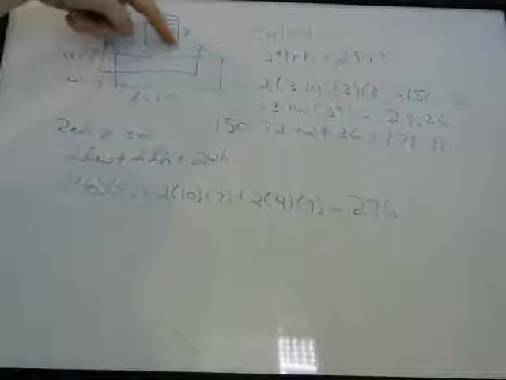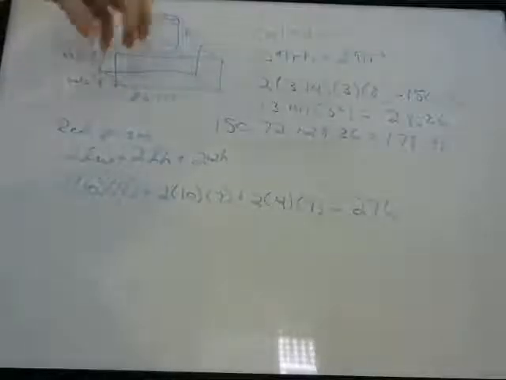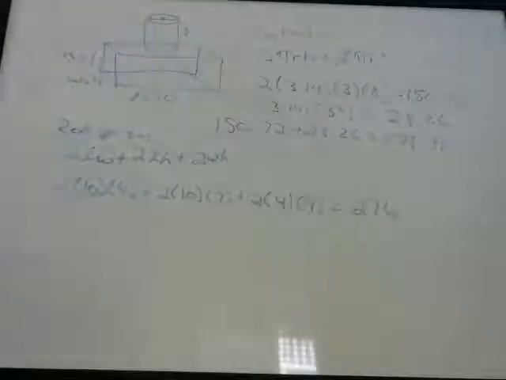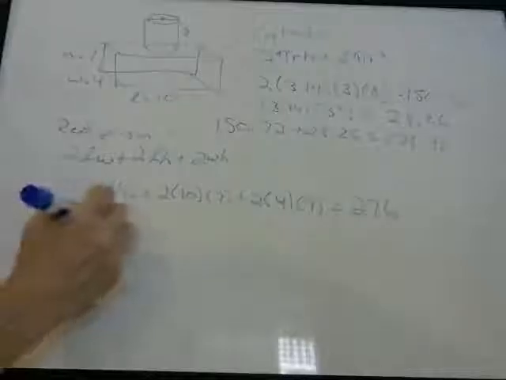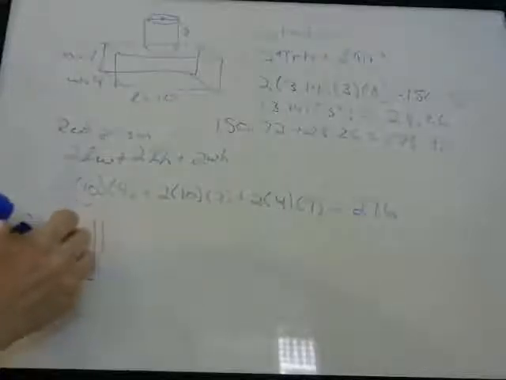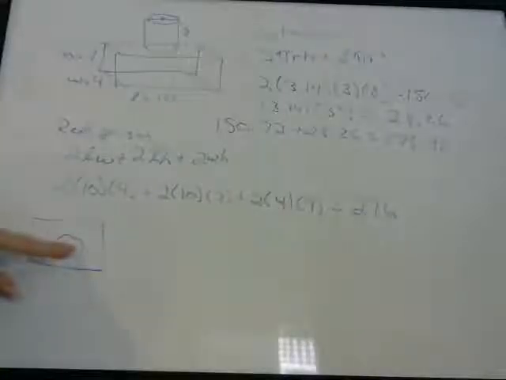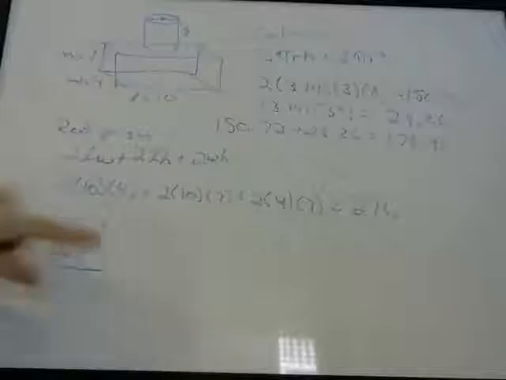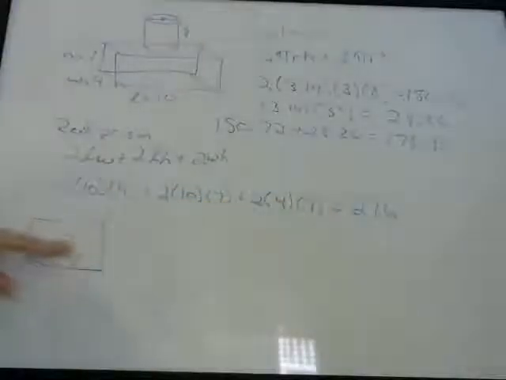But remember, on the top, we have this cylinder sitting on top of it, so here's a top view. There's a cylinder sitting on the top of it. We don't need this part of the top painted, so we're going to subtract that out of our total area.